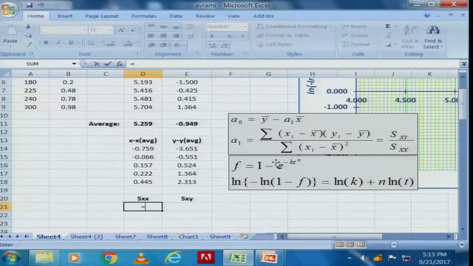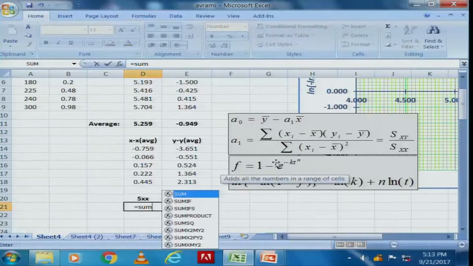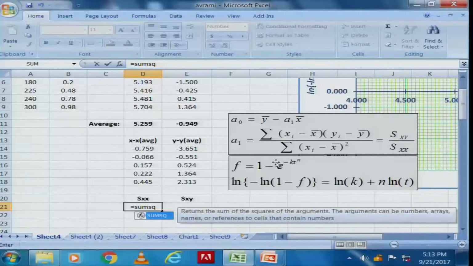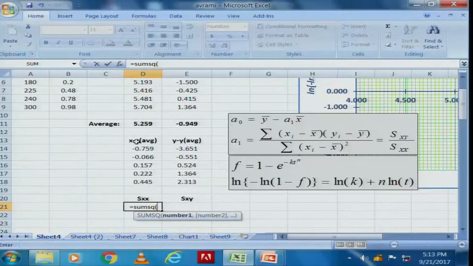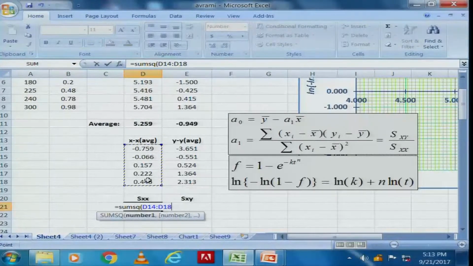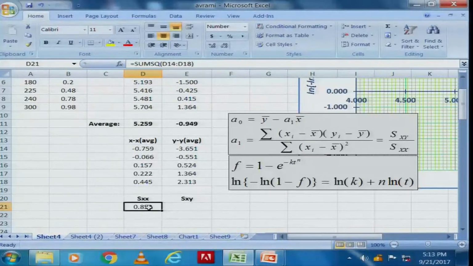So, this is simply equal to, there is a function called sum square. What it will do is, each of the values given in the arguments is squared and then summed, and that should serve the purpose, because I need to square these x minus x average values first and then add them up.